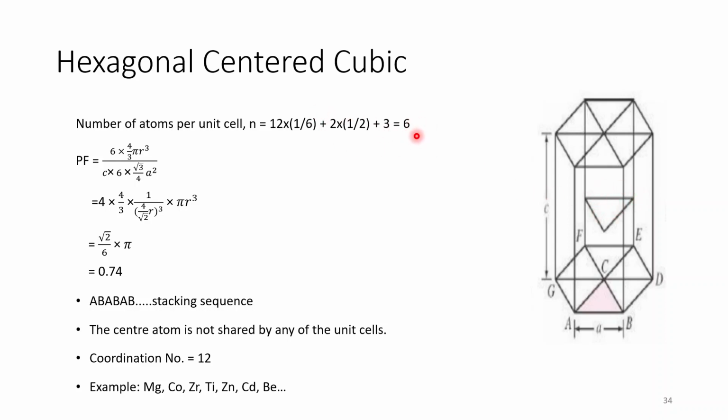So there will be 6 atoms per unit cell, and the stacking sequence will be AB type of structure. So A will be this and B will correspond to this one. And coordination number, as I told earlier, will be similar. Examples will be magnesium, cobalt, zirconium, titanium, zinc, cadmium and beryllium.